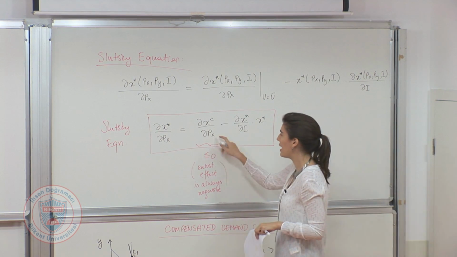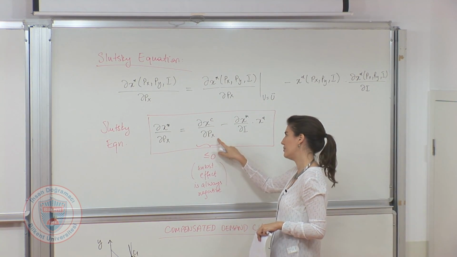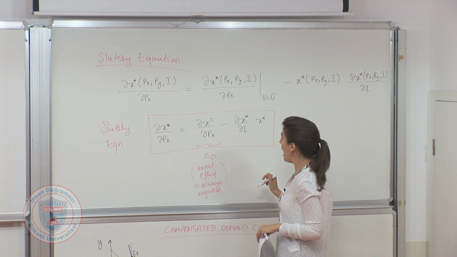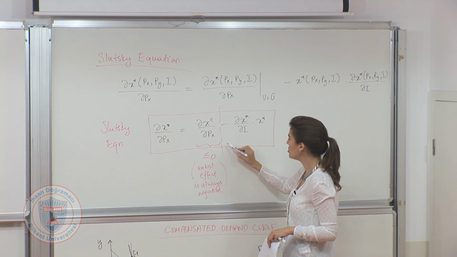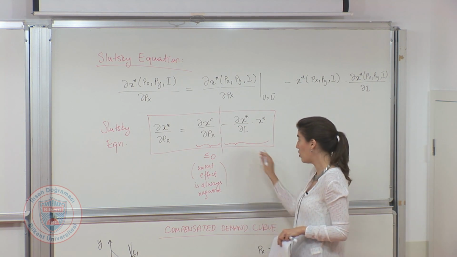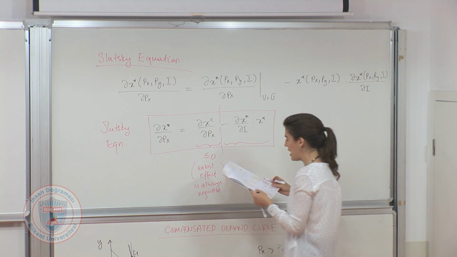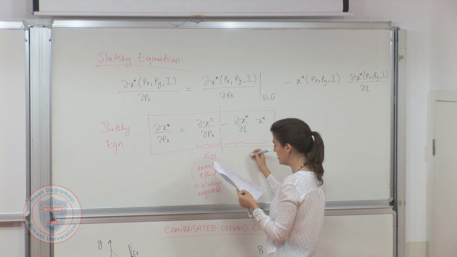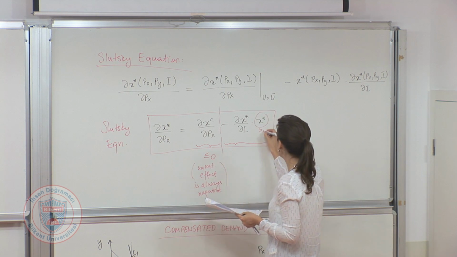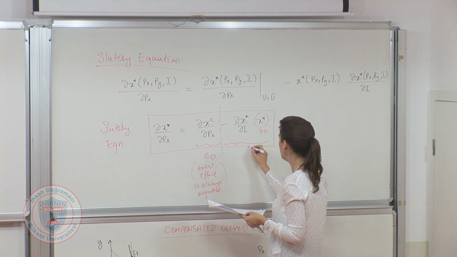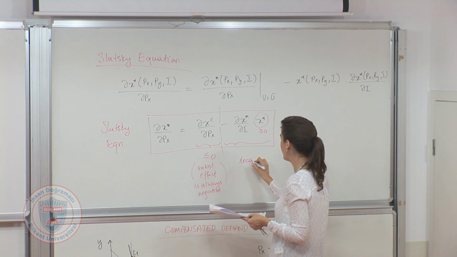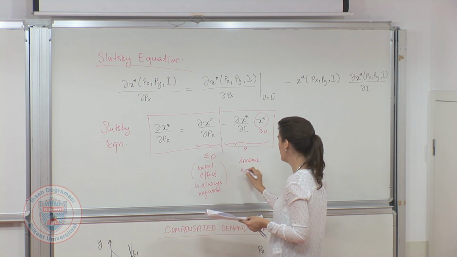So if px increases, this decreases; px decreases, this increases. And then remember, this portion was the income effect. This portion, we said it depends, right? You can actually write this. This guy is positive, but here we don't know. Income effect, right?